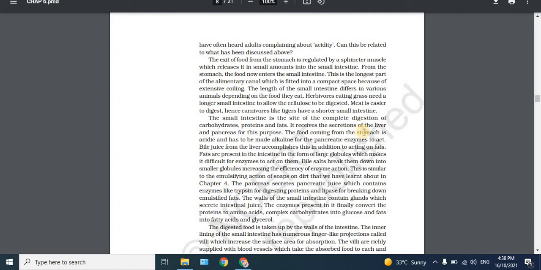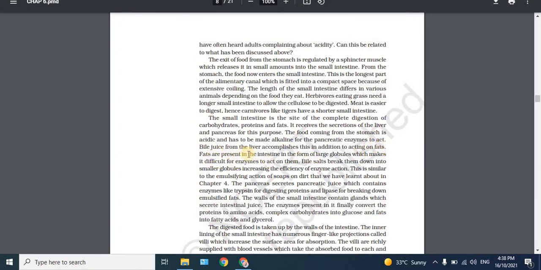The food coming from the stomach is acidic and has to be made alkaline for the pancreatic enzymes to act. The bile juice from the liver accomplishes this in addition to acting on fats.